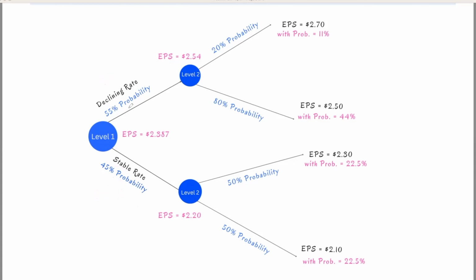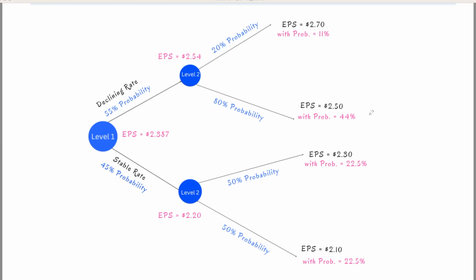All right, let's get more specific within each scenario. Under the declining interest rate scenario, we consider the probabilities for different earnings per share outcomes. There's a 20% chance of EPS reaching $2.70 and an 80% chance of it reaching $2.50.